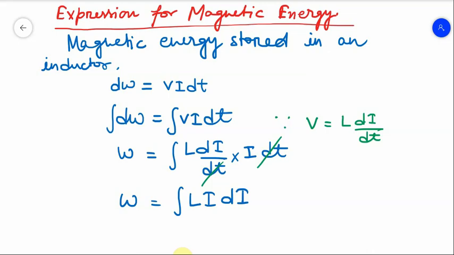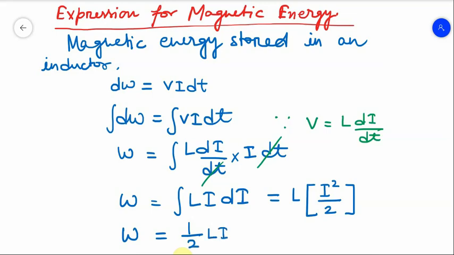L is constant, so we can take it out, and I di. What is the integration of I? It is I square upon 2. So the expression for W is half L I square.